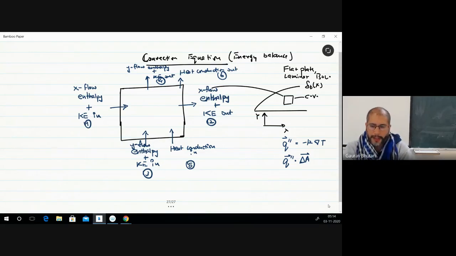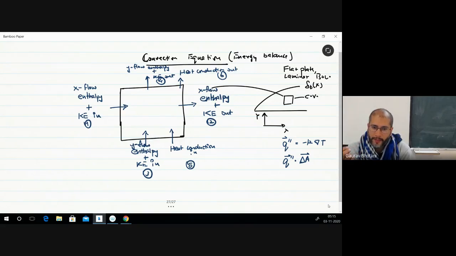There's one more energy that we have to consider, and that is called the viscous dissipation or viscous work. So you know that when you have a viscous fluid, if you take a glass full of honey and mix it for a very long time, the temperature will increase.